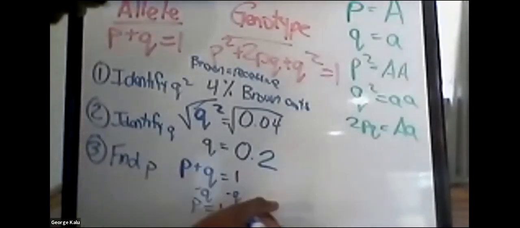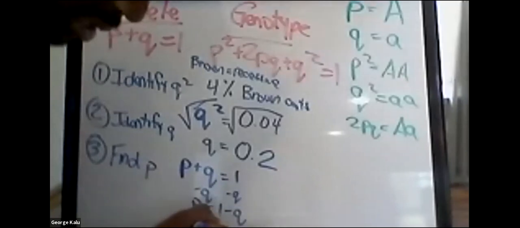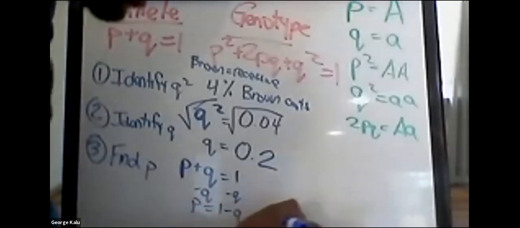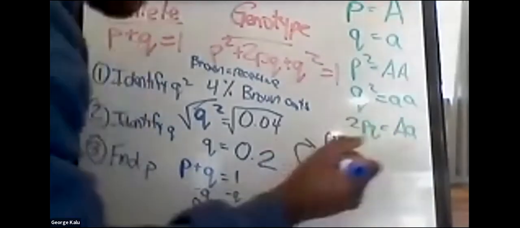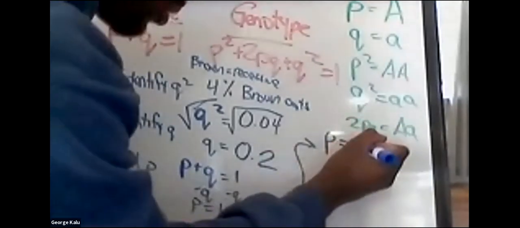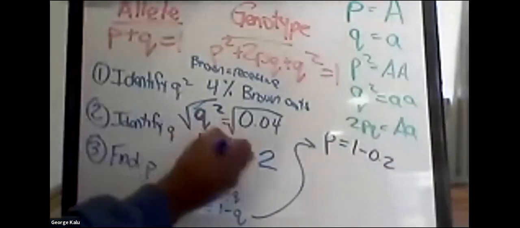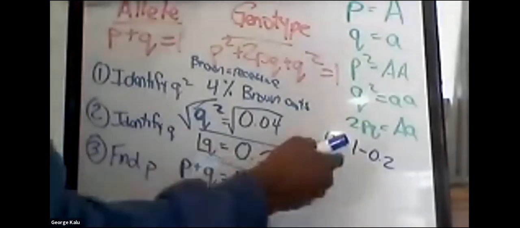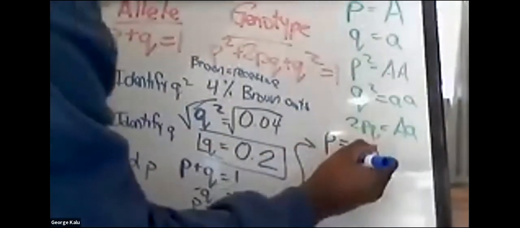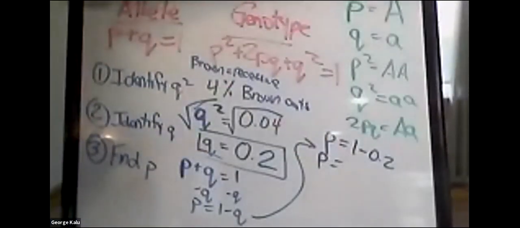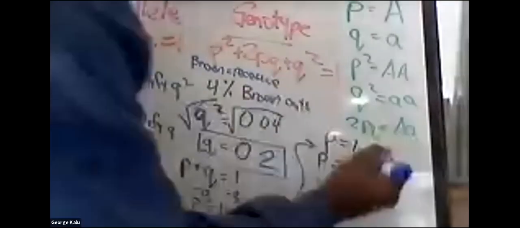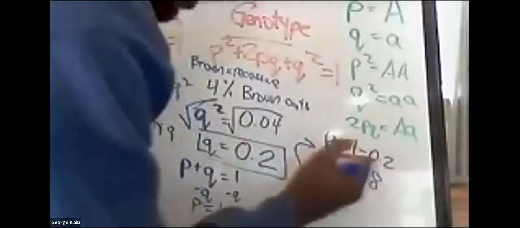I'm going to push this over here. So what we're going to end up with is P equals 1 minus 0.2, which was our Q, which we found over here. 1 minus 0.2 is what? 0.8. Exactly.